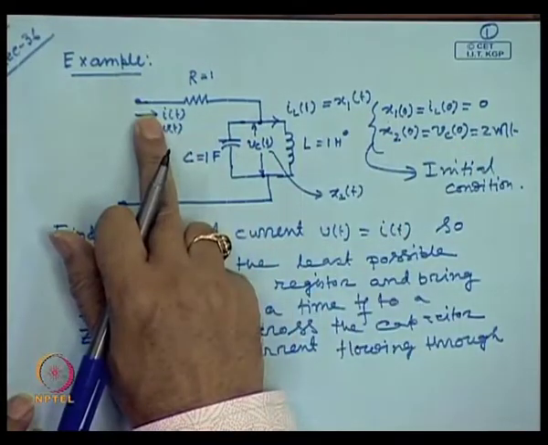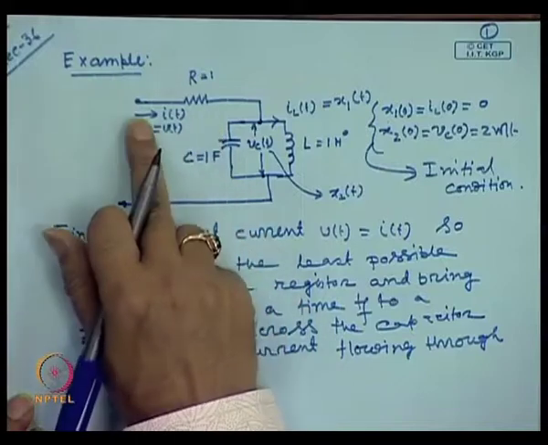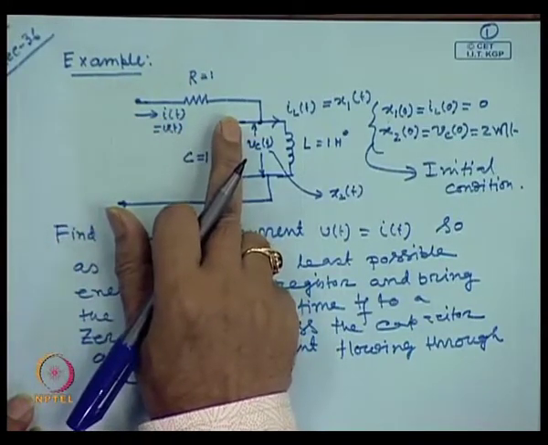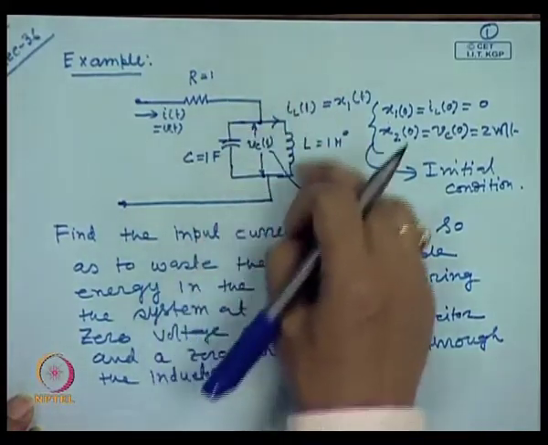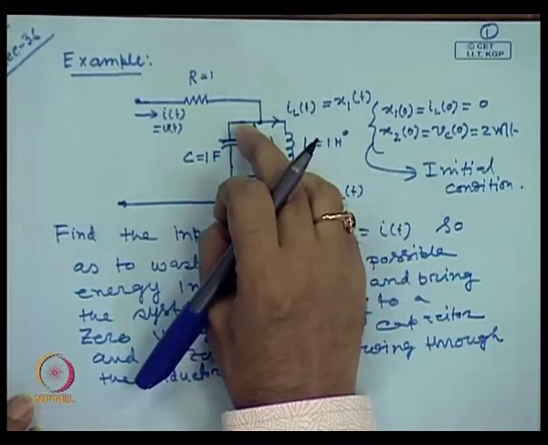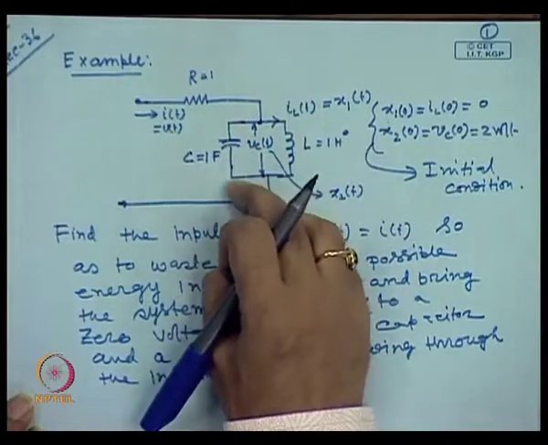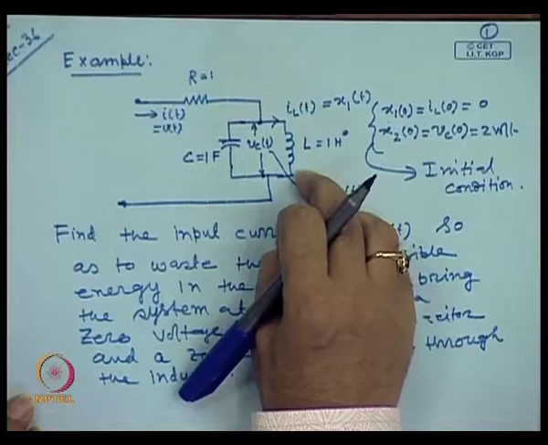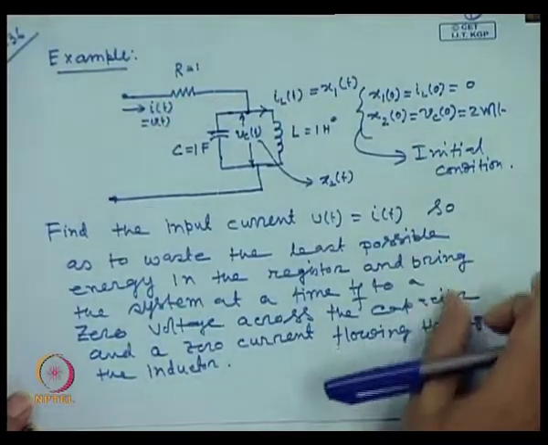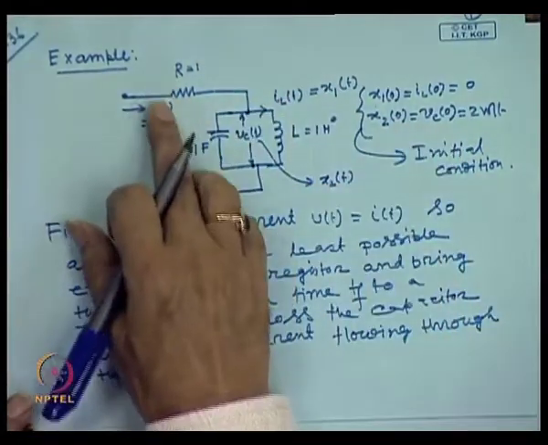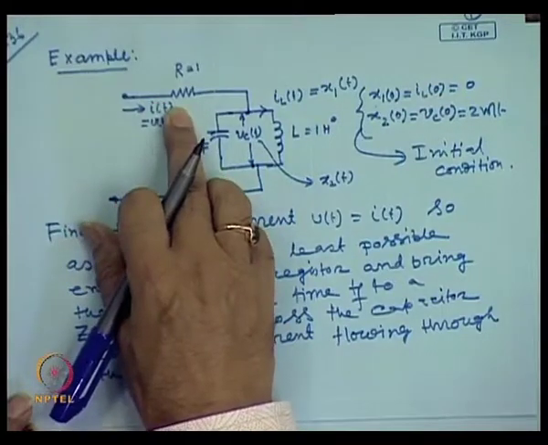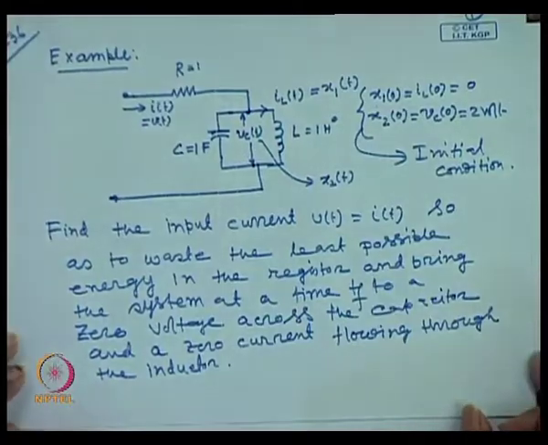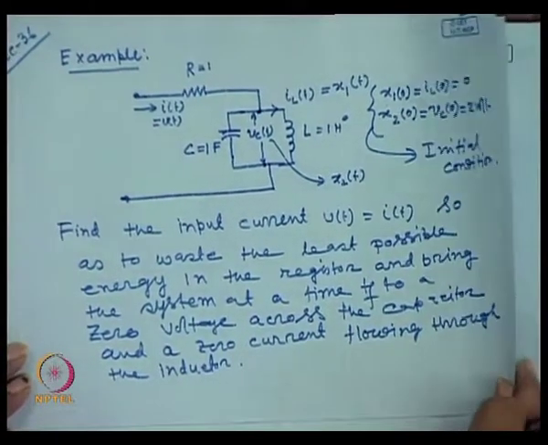We have to find a control signal I of t or u of t such that the circuit attains, in a finite time, the voltage across the capacitor 0 and the current flowing in the inductor 0. Not only that, during this finite time the power wastage in the resistance part will be as minimum as possible. So, this is our problem statement.